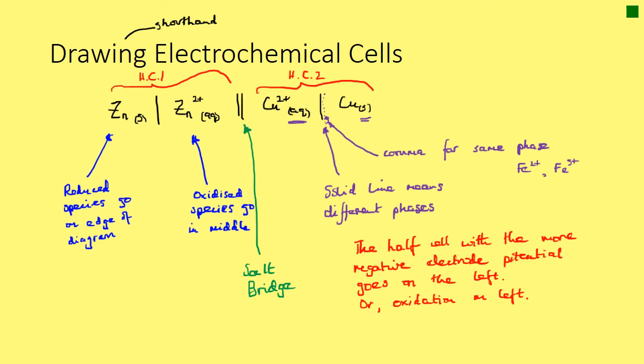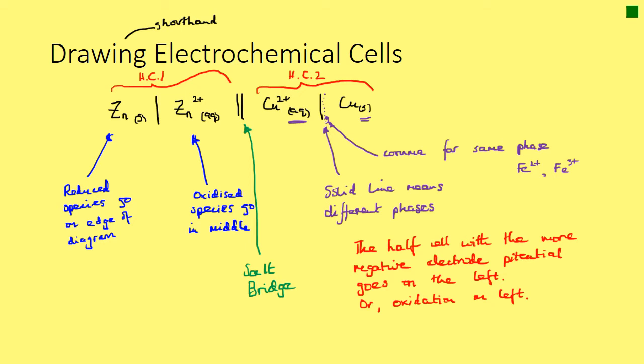Okay, so let's explain what each of these elements means. First thing to say is that this is a half cell and this is a half cell. So if you just allow me to summarize, to use HC as half cell. So this is half cell 1 and this is half cell 2. And then what we have to do, there's a bunch of rules that we need to follow.